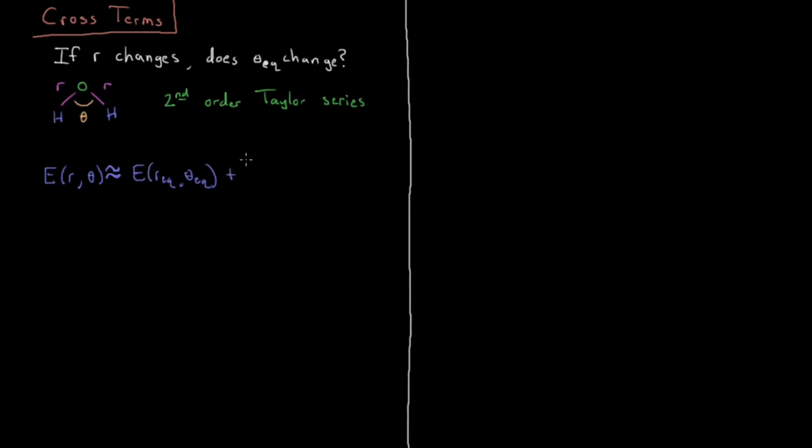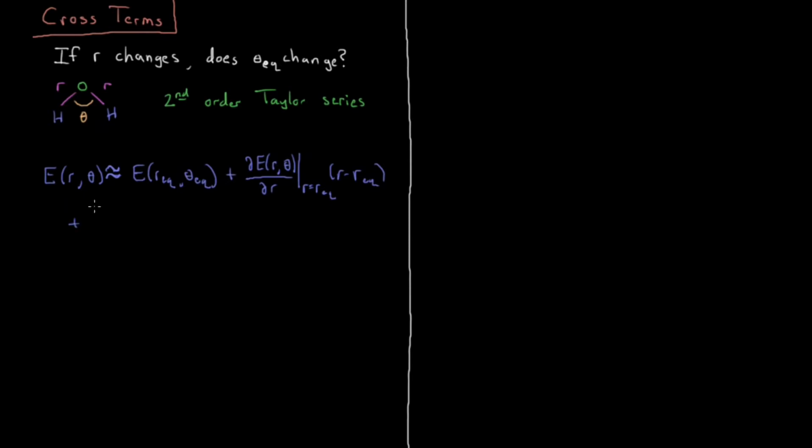The first term would be 1 over 1 factorial, which is just 1, of the first partial derivative of E of r, theta. Sorry, I have A in my notes, so I'm going to be writing that a lot. E of r, theta with respect to r, evaluated at r equals r EQ, times r minus r EQ. Okay, first order term with respect to r, makes sense.